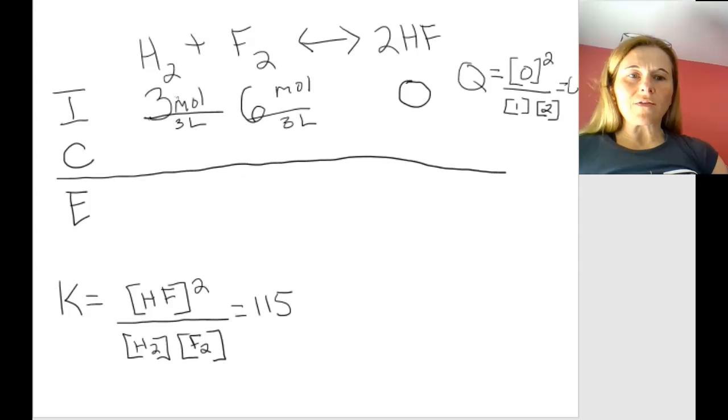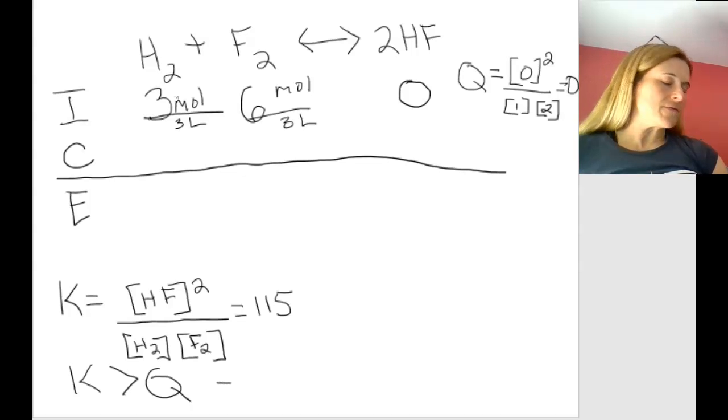But all of this is going to equal 0, so our Q equals 0. We know that our K equals 115. So K is greater than Q. That means we have more reactant than product, and we are going to shift towards the right, that we need to make more product.